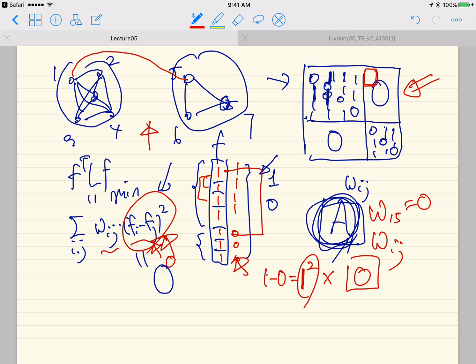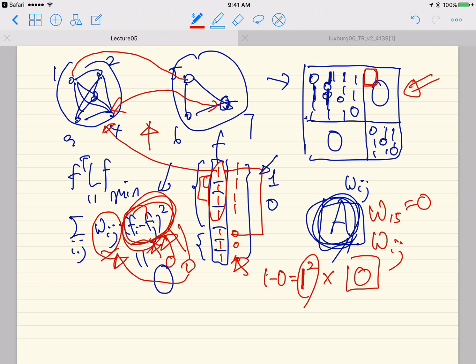Nodes in the same group have non-zero edges between them, so those differences should be 0. But nodes in different groups can take different values, because even though the difference is non-zero, the weight is 0.